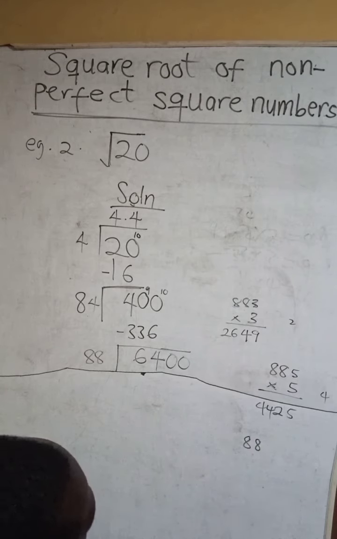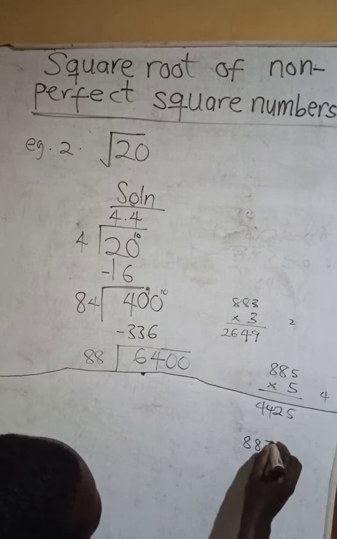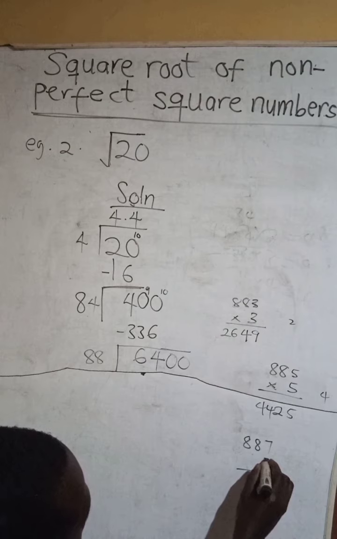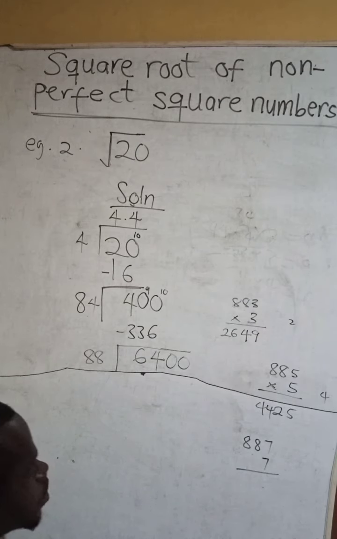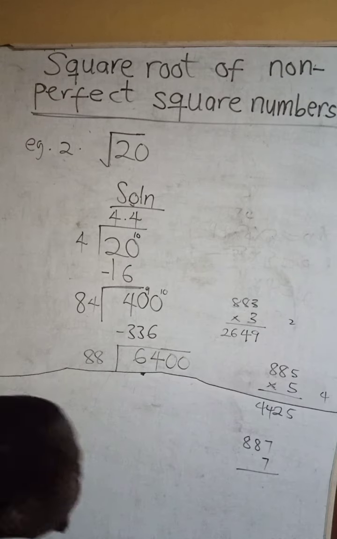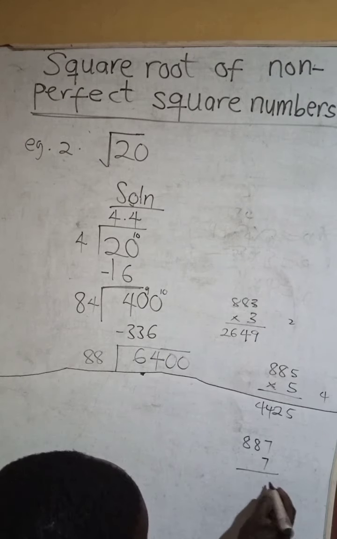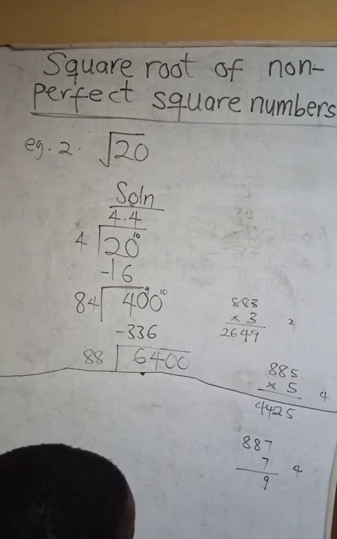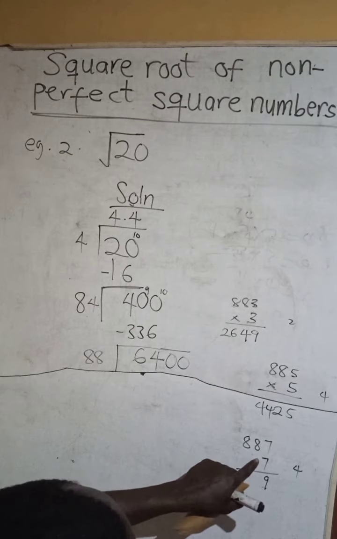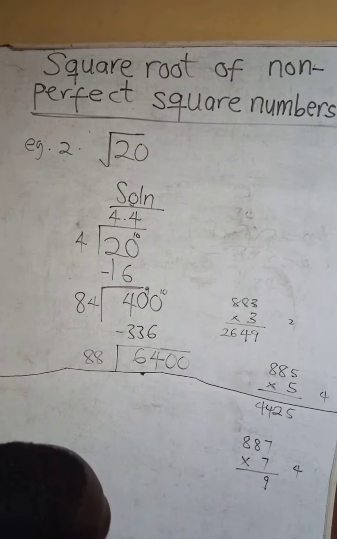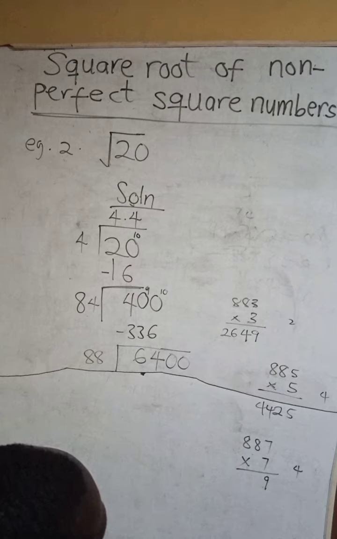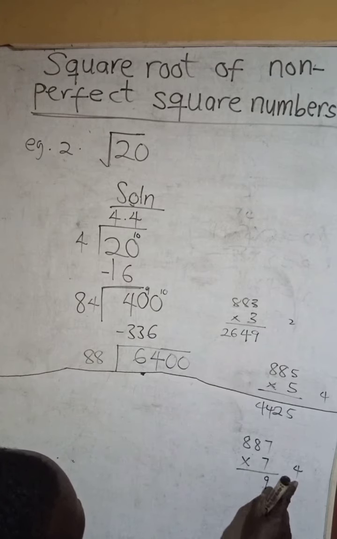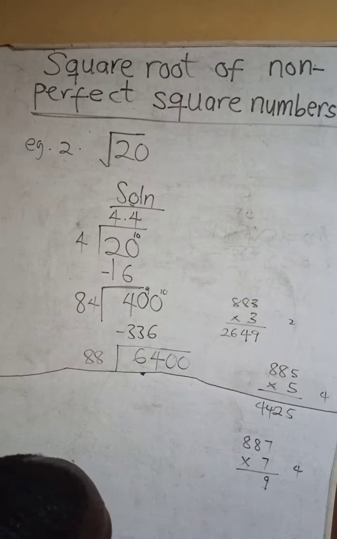88. Let's talk about maybe 7. So 7 by 7 is 49, right? 9, remainder 4. 7 by 8 should be 56, right?